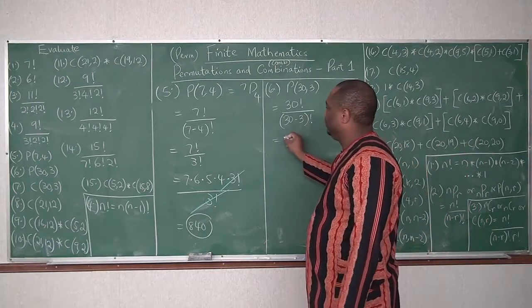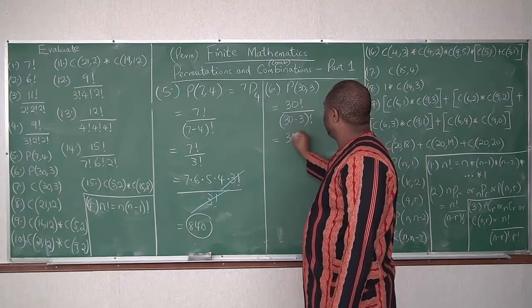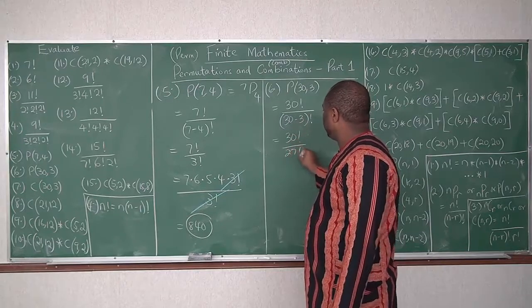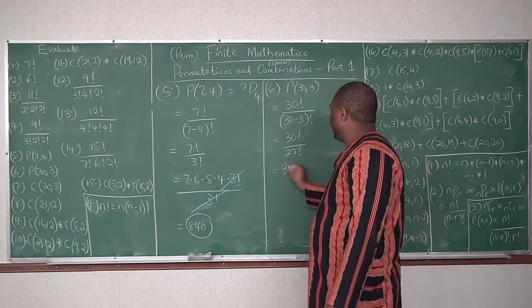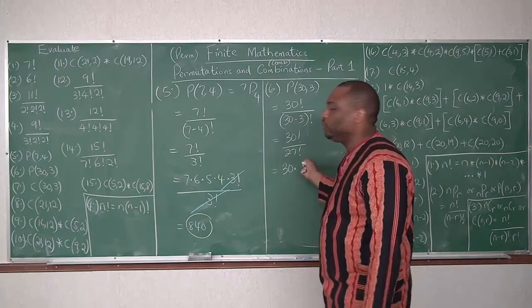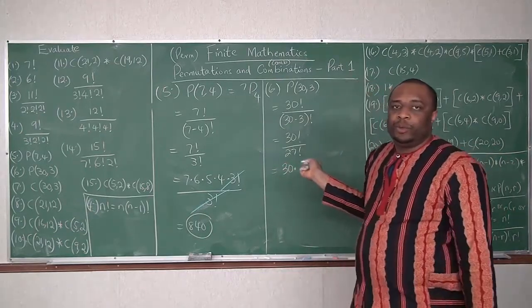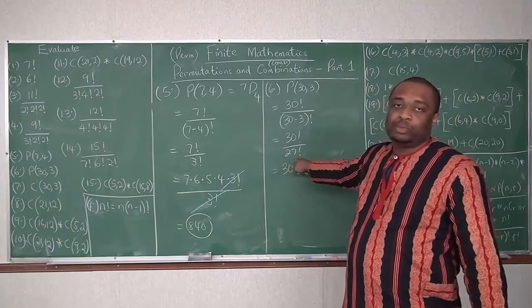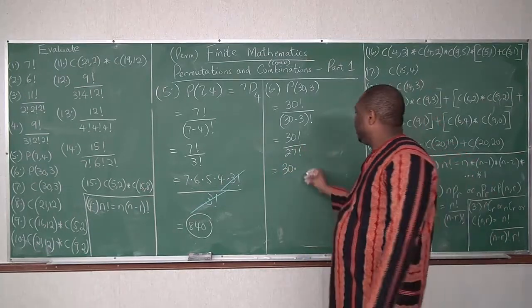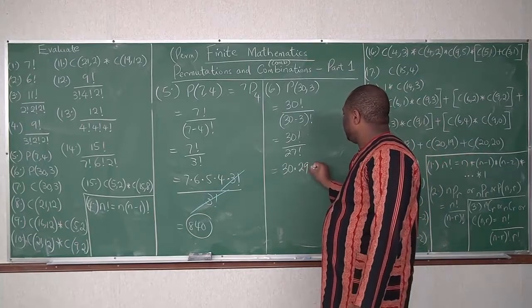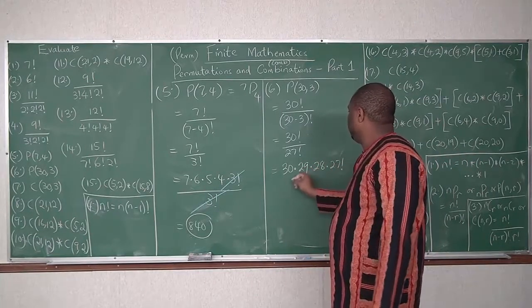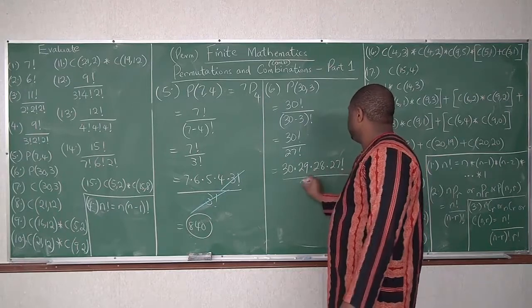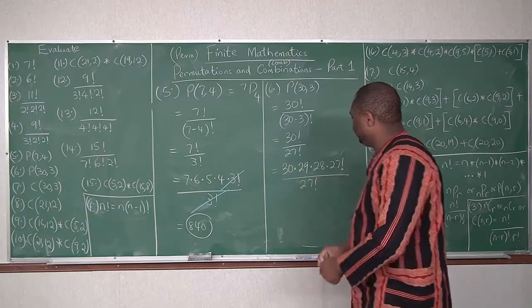We have 30 factorial over 27 factorial. Where do we start? We stop at 27 factorial. Okay, 30 times 29 times 28 times 27 factorial all over 27 factorial.